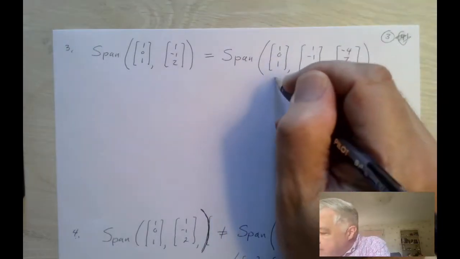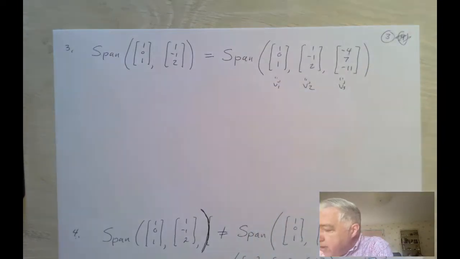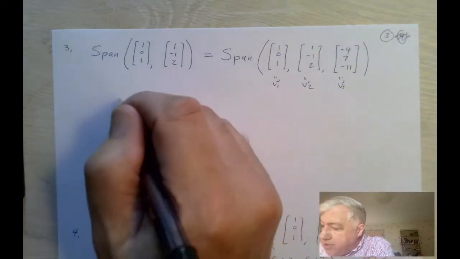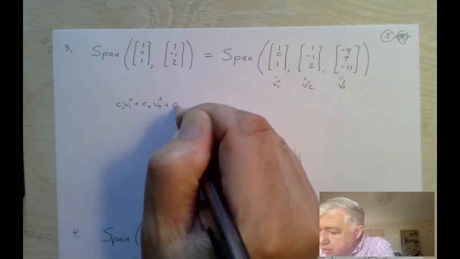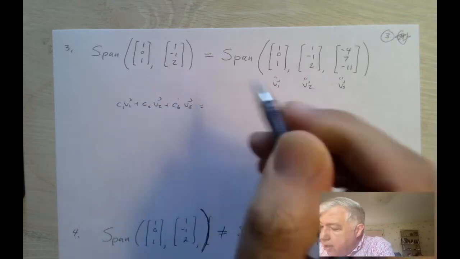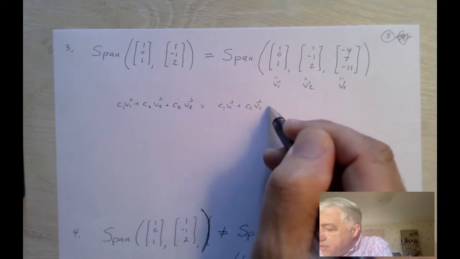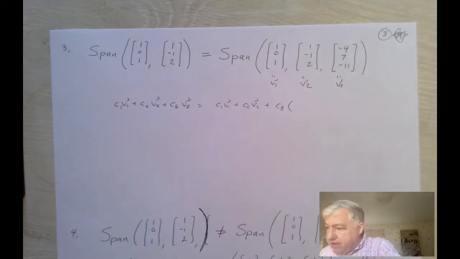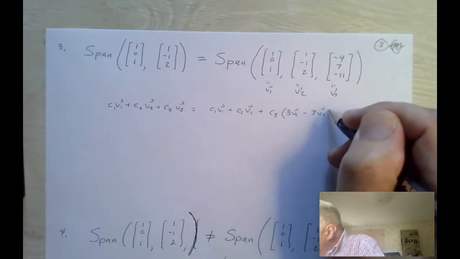Because let's say this is V1 and this is V2 and this is V3, then any linear combination of these, we can write as C1 V1 plus C2 V2 plus C3 V3, and we just found that V3 is in fact 3V1 minus 7V2.